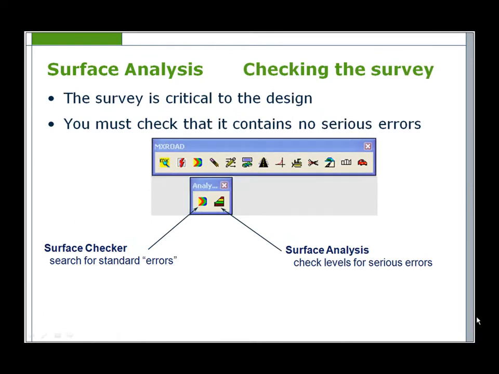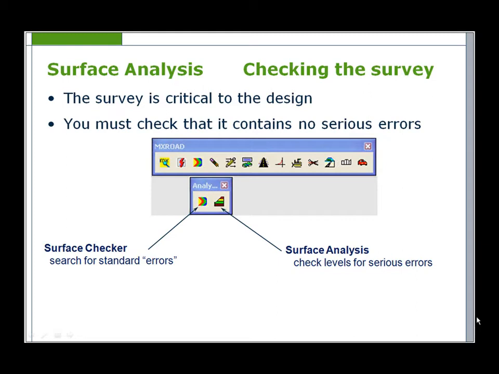Now the surface checker can be found under the analysis menu, or if you're using an application inside MX like MX Road, like Road Redesign and Rehabilitation, or MX Urban, then you can find the surface checker from that particular application toolbar, and it's usually the third icon along, which is the analysis option. If you select that, you'll get a toolbar, and on that toolbar we're going to choose the surface checker.